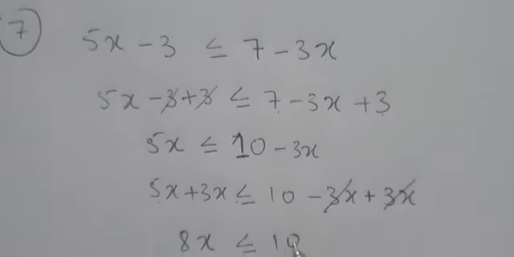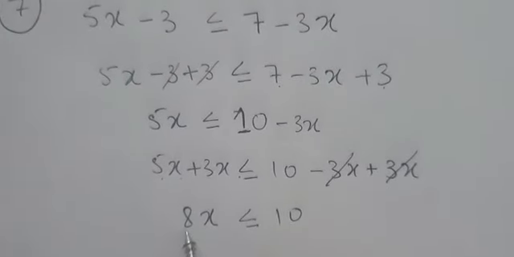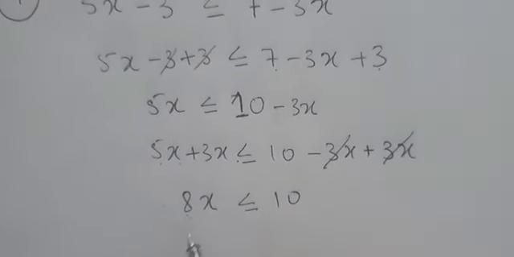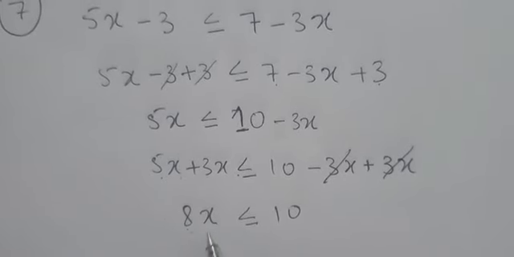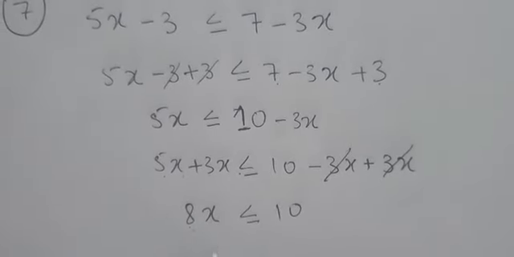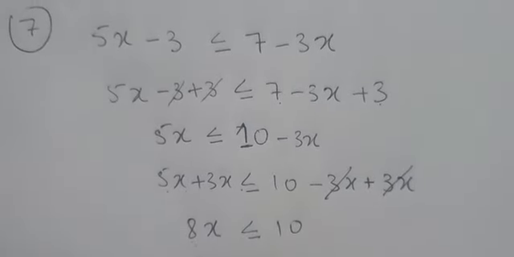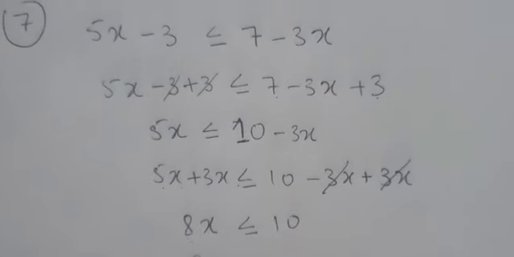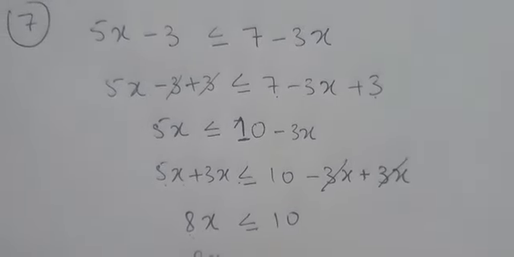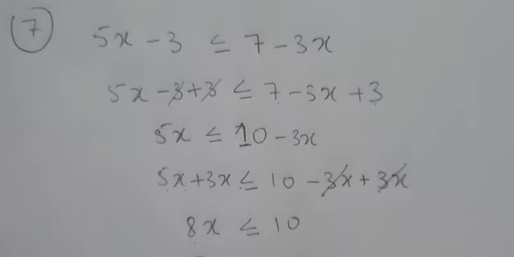Now we need to remove this 8 as well, because we need to simplify this inequality for the variable x. That would be the solution of the above inequality. So we will divide both sides by 8.